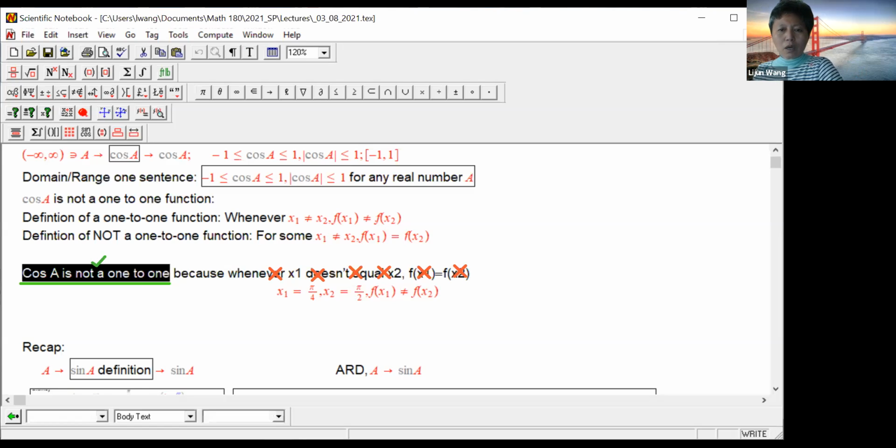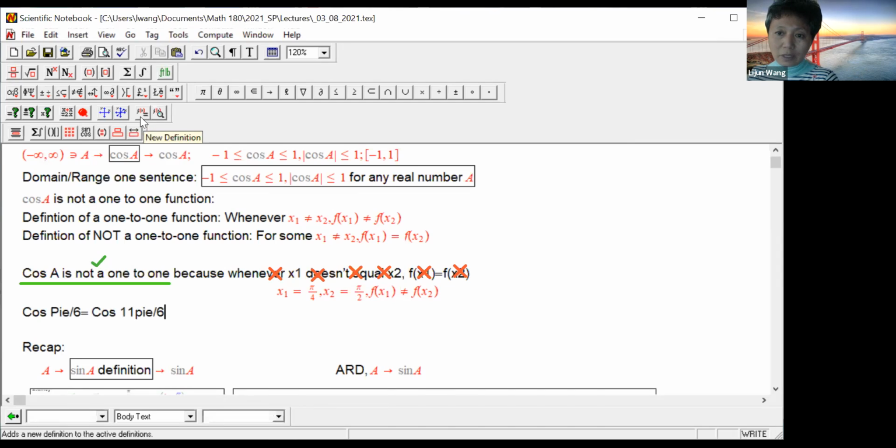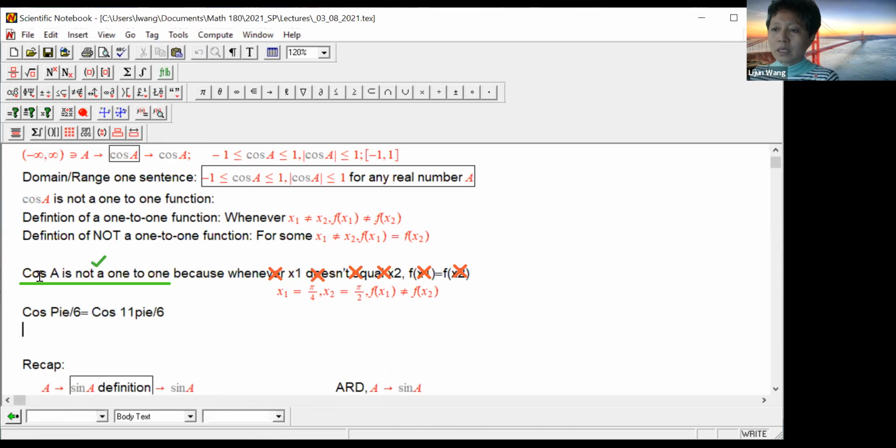Okay, so let's go on. Look at Kevin's comments. Kevin's comment is a good one. I'm asking you guys, please, there's nothing personal in this discussion. This is just meant to be interaction. In Kevin's comment, he says cosine pi over 6 is the same as cosine 11 pi over 6. That's a true statement.